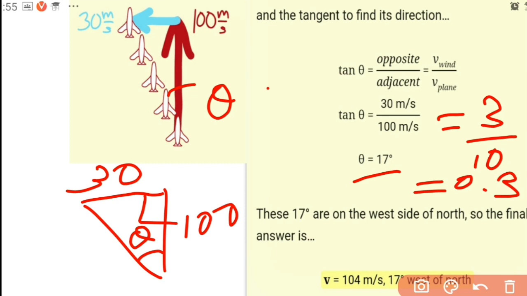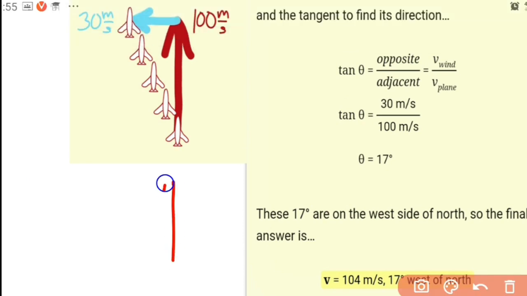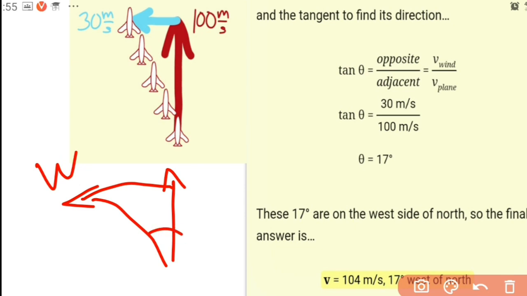That means this is the direction. This is north, and from north towards which direction? Towards west. So we can say 17 degree on the west of north. From north 17 degree towards west, in that direction the aeroplane is moving.